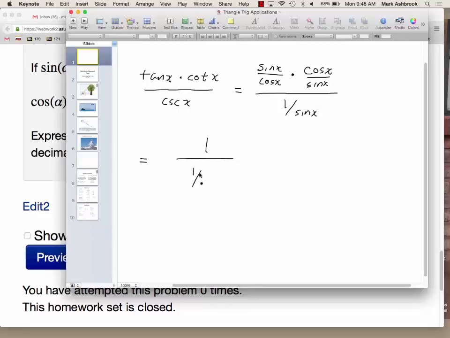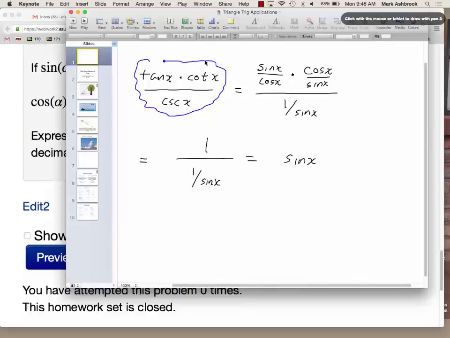And we have 1 over 1 over sine x, which is the same as sine x. Okay, so this is a new identity. Maybe not a very useful one, but it is still an identity: tangent x times cotangent x over cosecant x equals sine x.